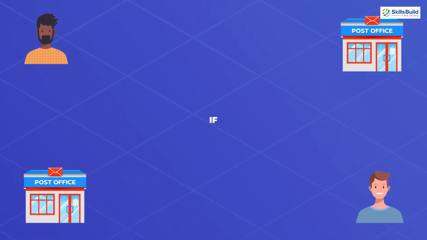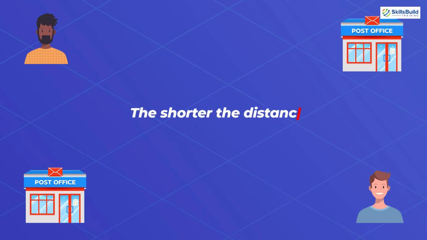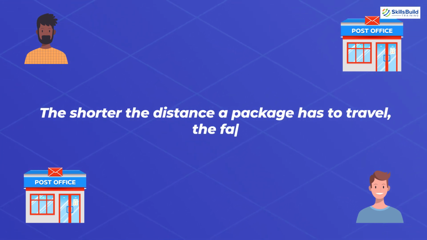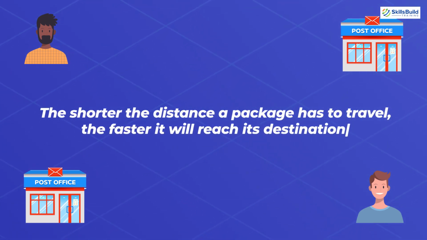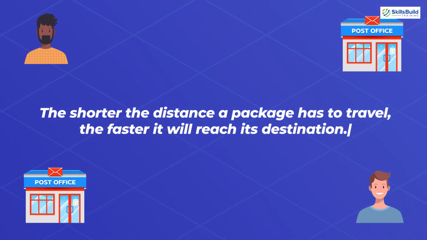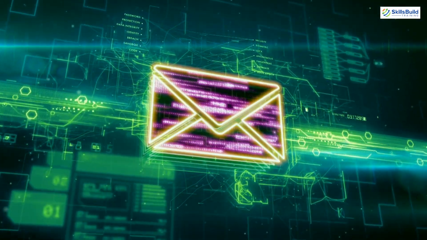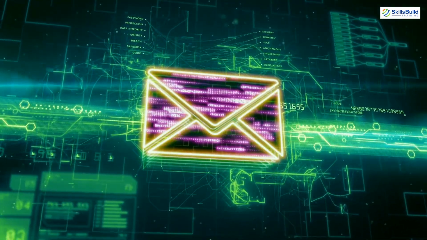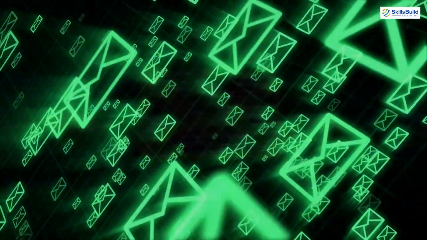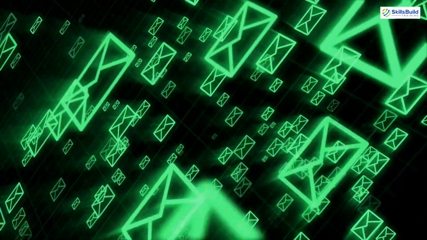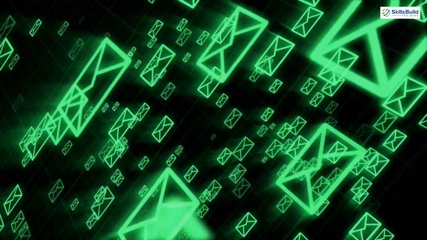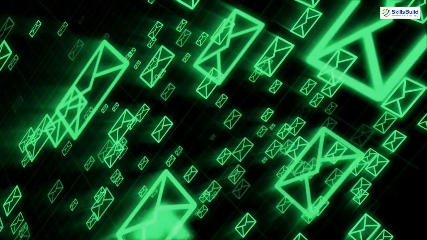So we can conclude that the shorter the distance the gift has to travel, the faster it will reach the destination. The same phenomenon applies to the internet and networks. Like your gift, networks are more efficient and your messages get to the destination faster if your message travels the shortest distance and travels as directly as possible.